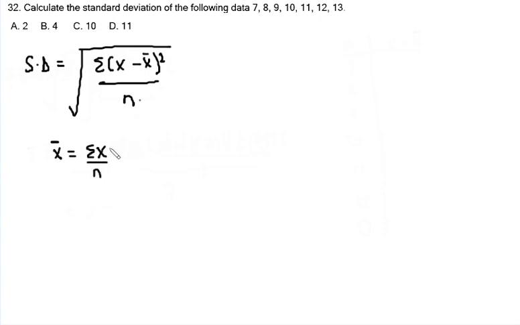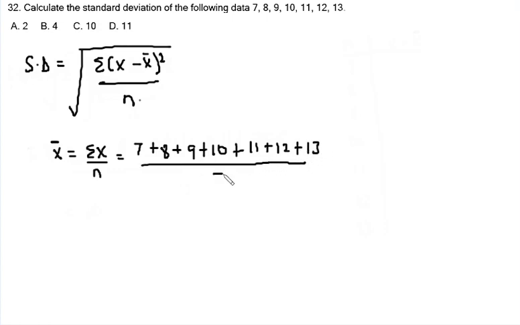The summation of all these numbers is 7 plus 8 plus 9 plus 10 plus 11 plus 12 plus 13, all divided by 7 because we have 7 numbers. So you should get 70 divided by 7, and our mean is equal to 10.